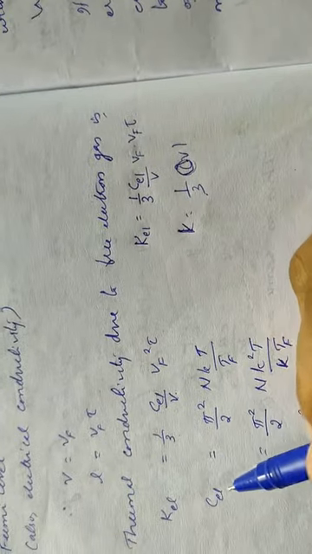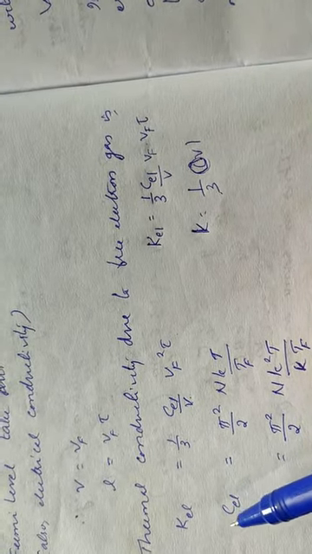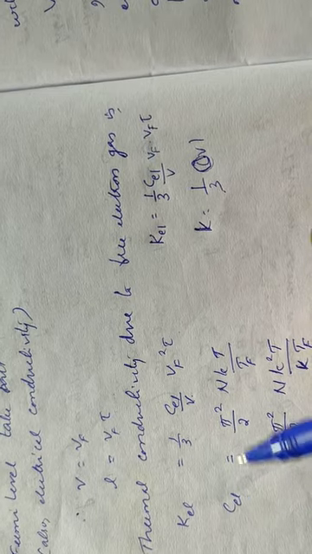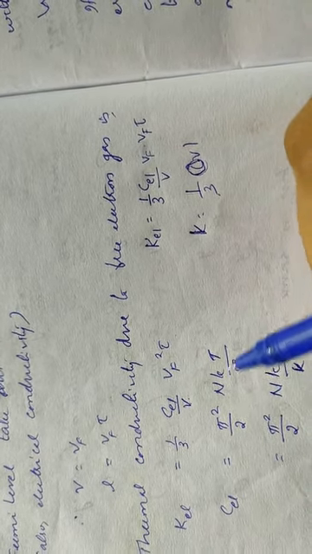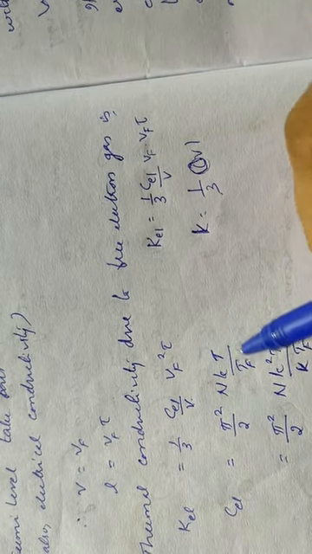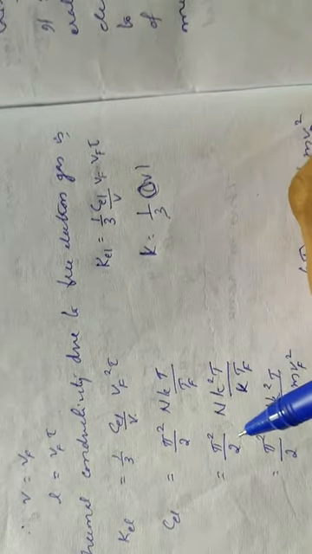Now we have already derived the electron heat capacity C_EL as pi square by 2 into n into kT by Tf. For this equation, refer to the class on heat capacity, where we have already derived it.